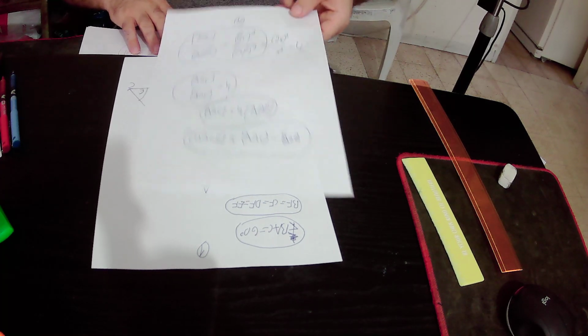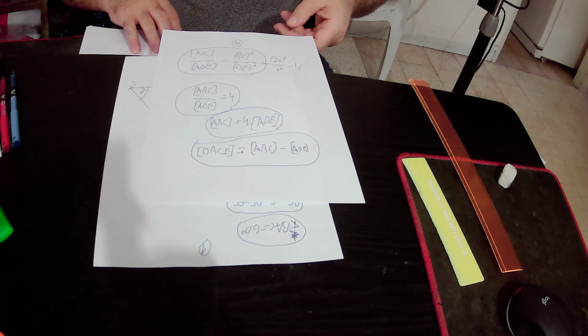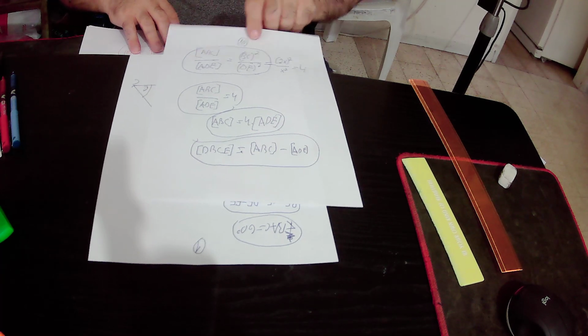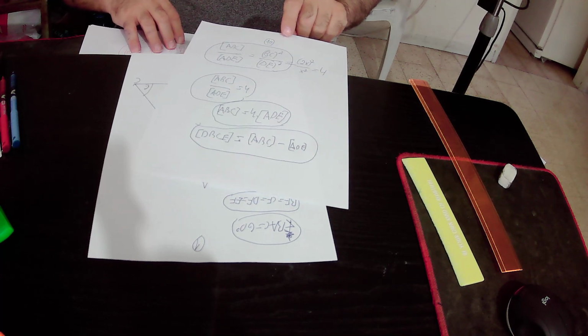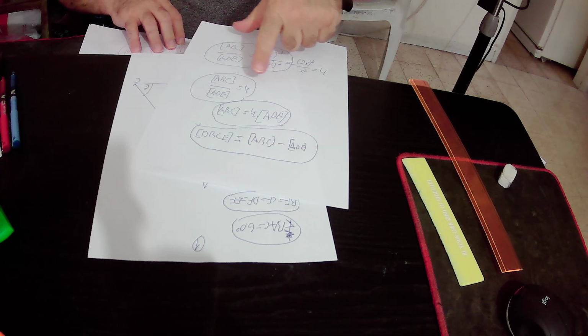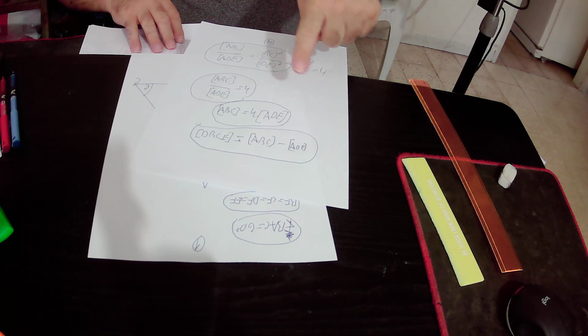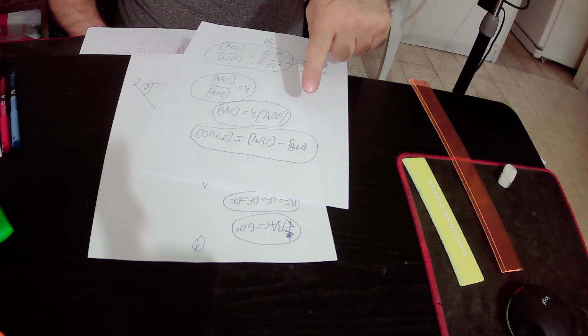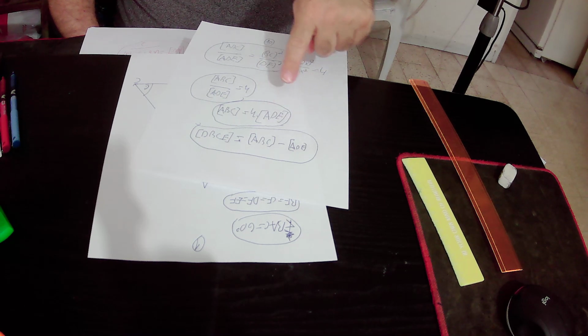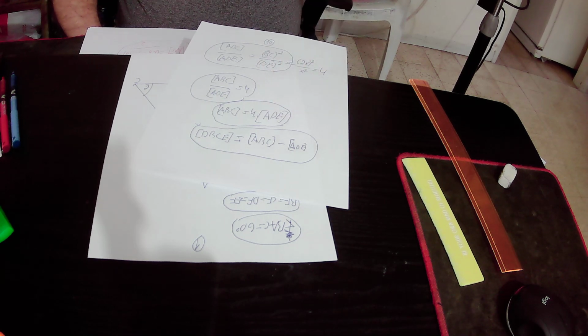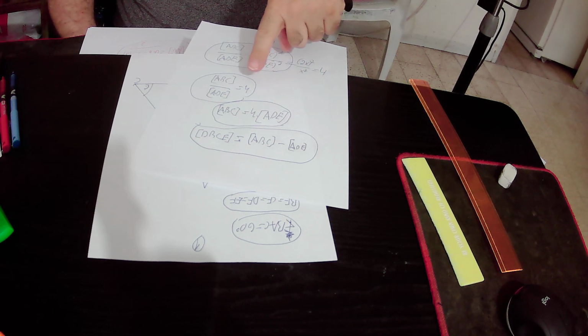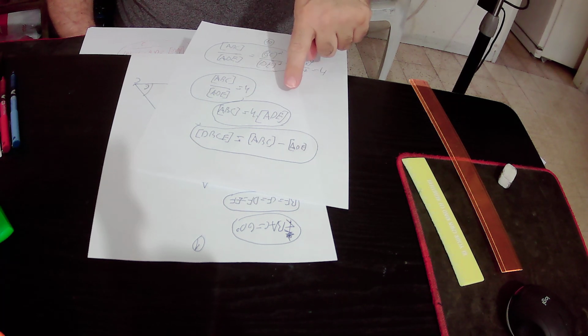But we know that the area of triangle ABC equals 4 times the area of triangle ADE, so we can substitute the area of triangle ABC by 4 times the area of triangle ADE.